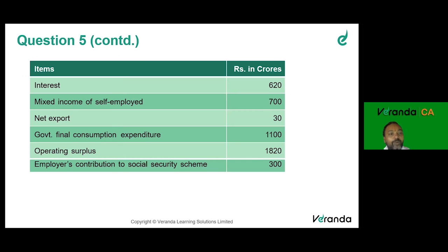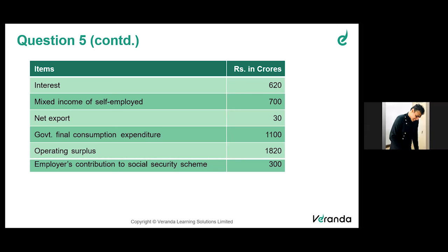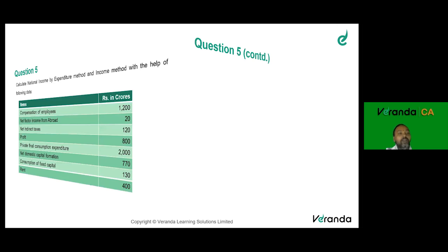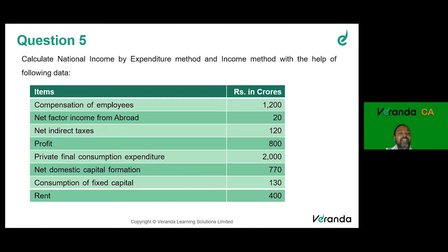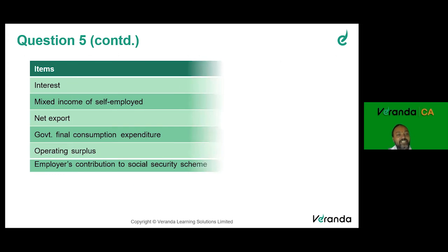Will that be included or not? If included, is it in the expenditure method or the income method? Expenditure method. Perfect. We have to use the same method as for private final consumption expenditure.